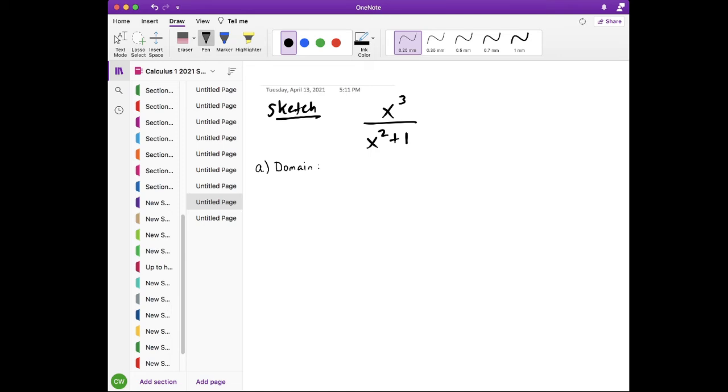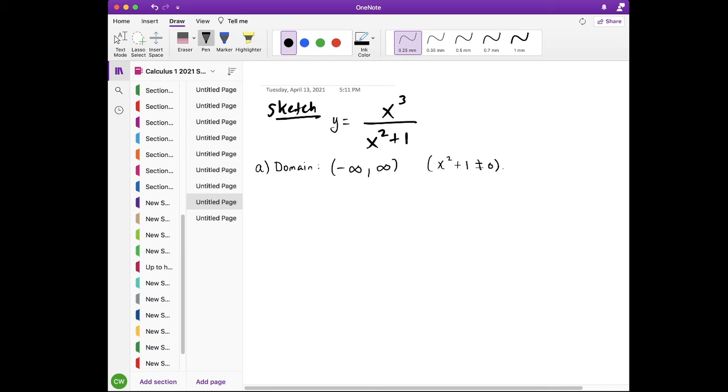What's the domain of this function? Yes, everything. And why is that? It's because x squared plus 1 is never equal to 0.